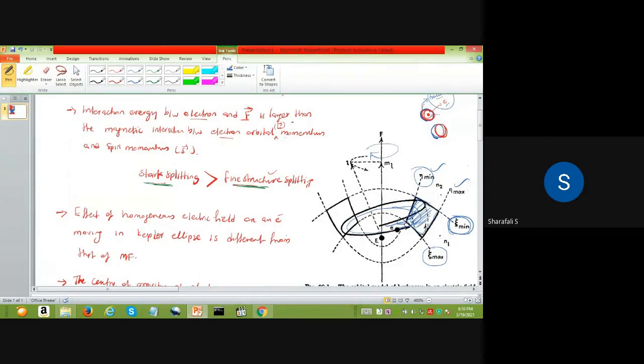Okay. So there are three different motions or periodic motions available for the electron. One is this rotational motion about this field, or the z direction.